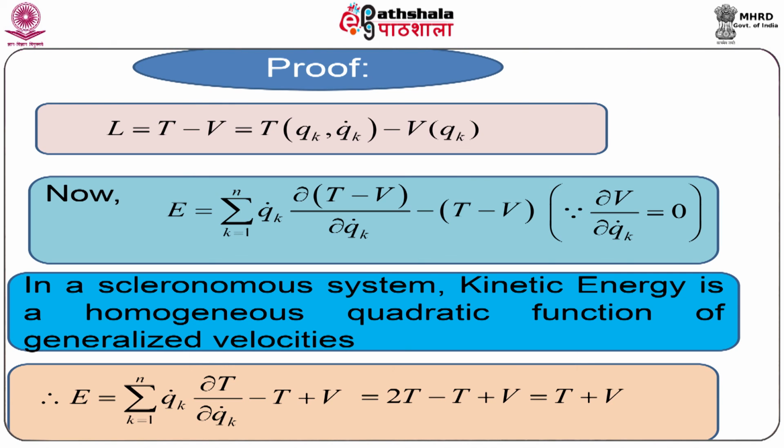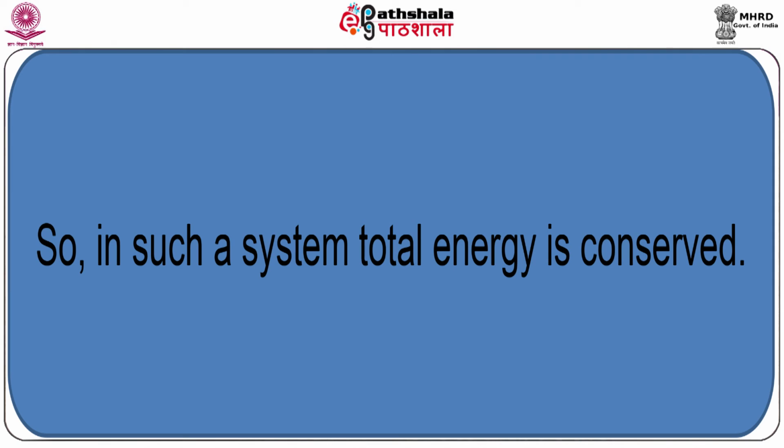Now, this is twice T. Using this result, we get twice T minus T plus V, which on simplification becomes T plus V. So, in such a system, the total energy is conserved.